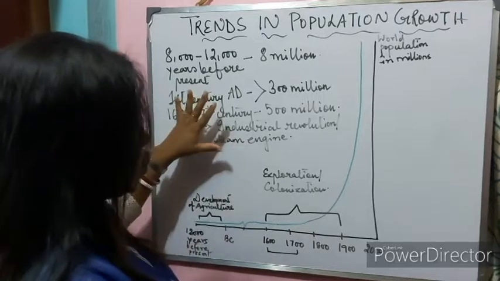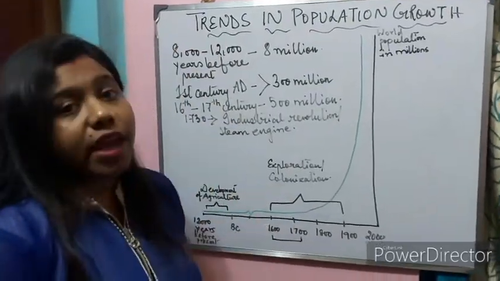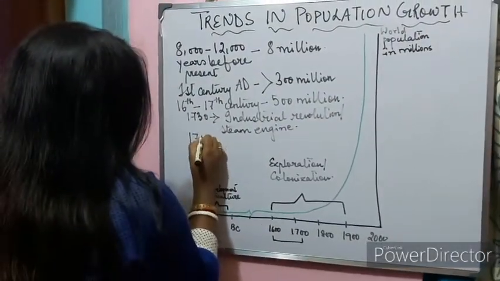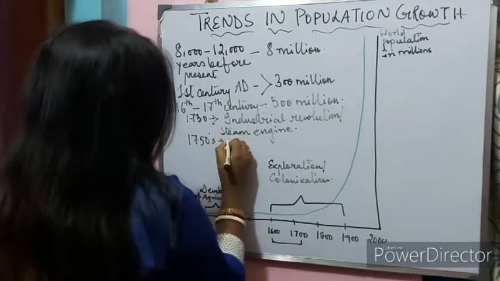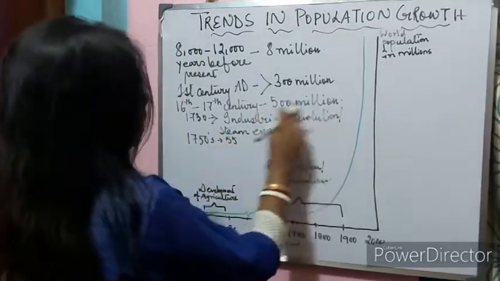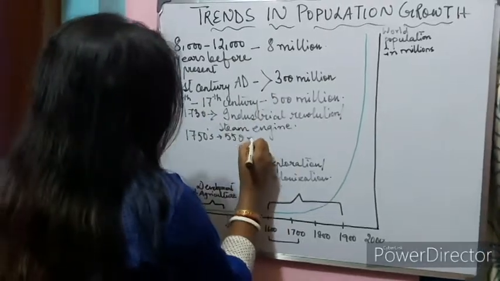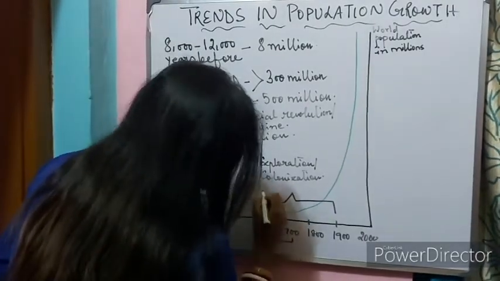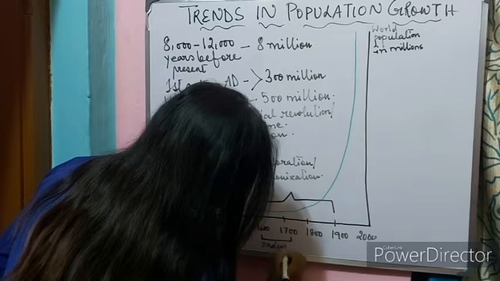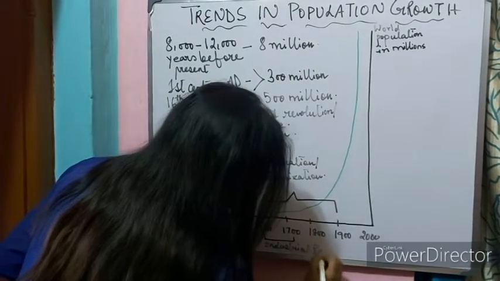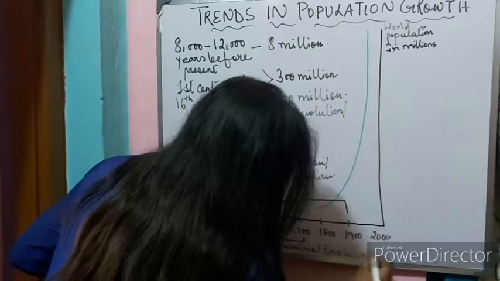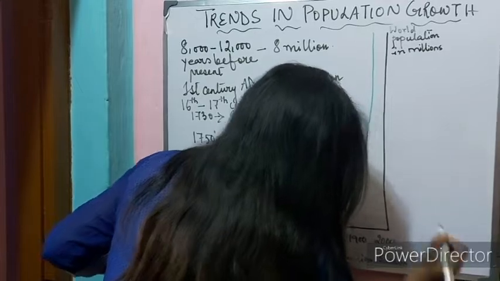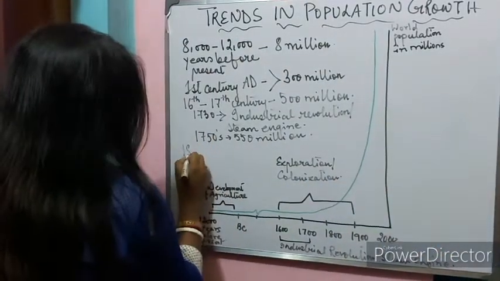Also, due to the increase in agricultural production, the number of people started increasing. In 1750, the population increased from 500 million to 550 million. So this is a phase of industrial revolution, the steam engine, century.